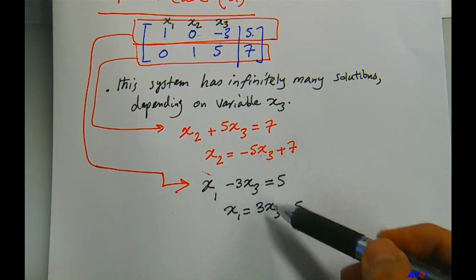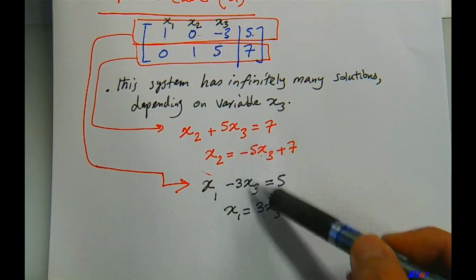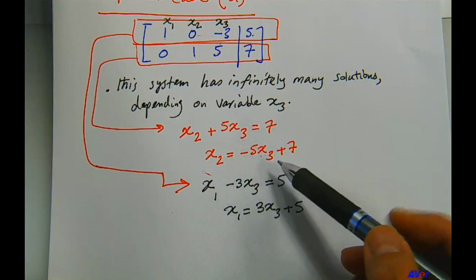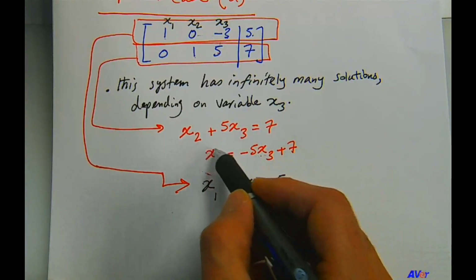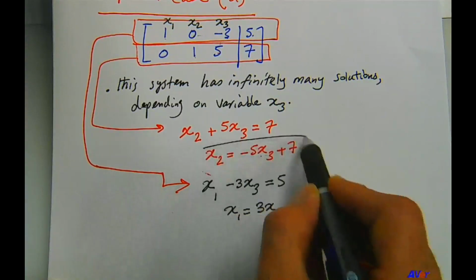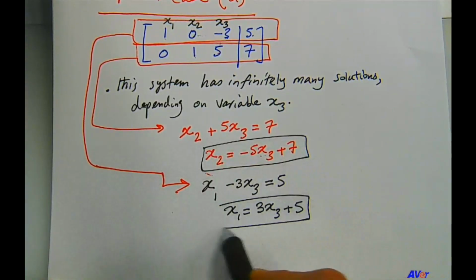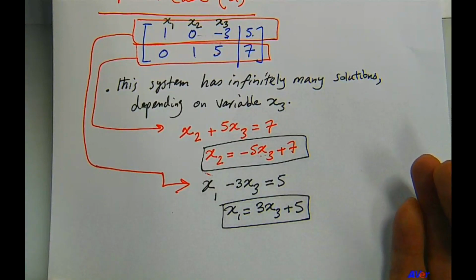So now we've been able to solve this system in terms of variable x3. So we have x2 equals that, x1 equals that. The question is, what is x3?